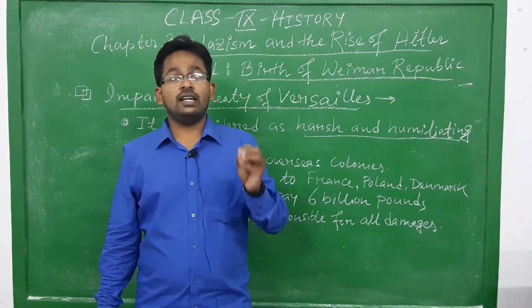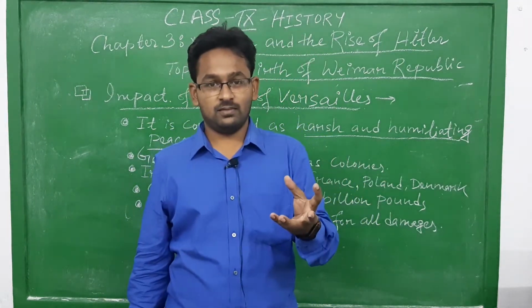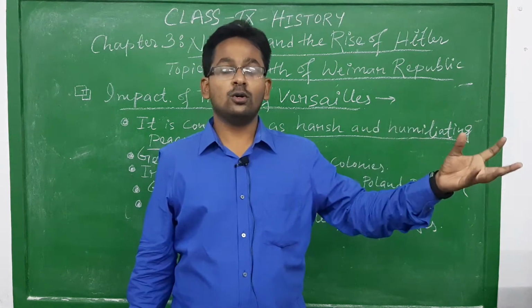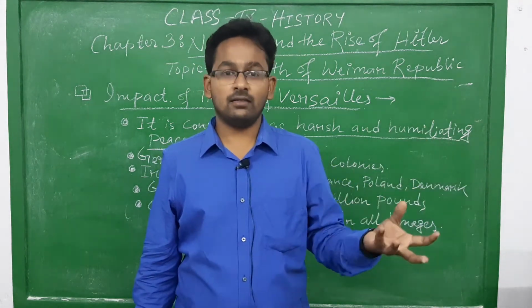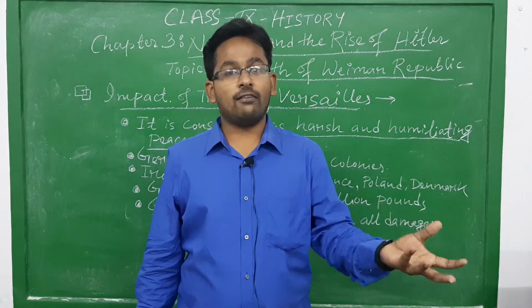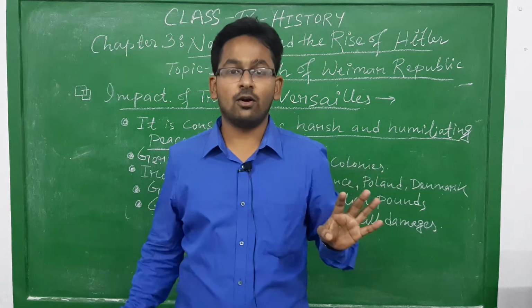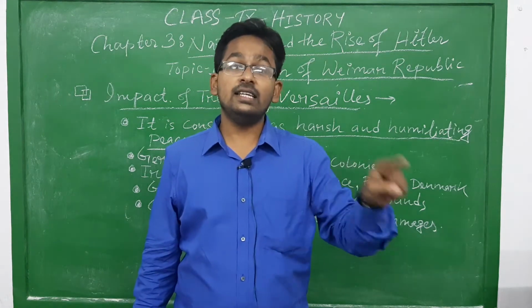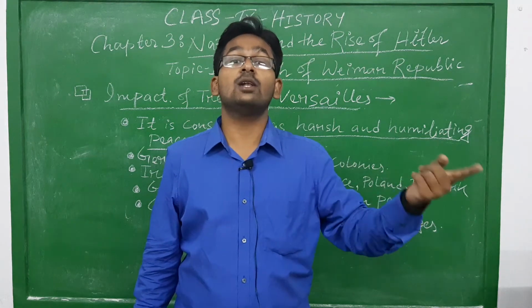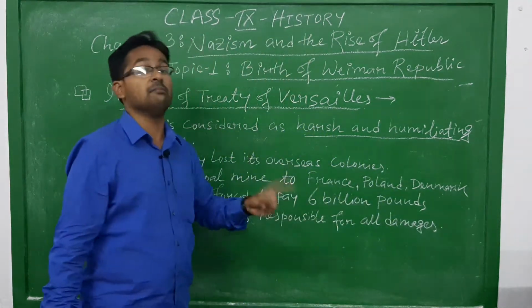The condition of Germany was just like that of a middle class man who took a loan from a bank to construct a house, and after taking the loan, he was sacked from his job. How would the middle class man repay the loan to the bank? The condition of Germany was the same.